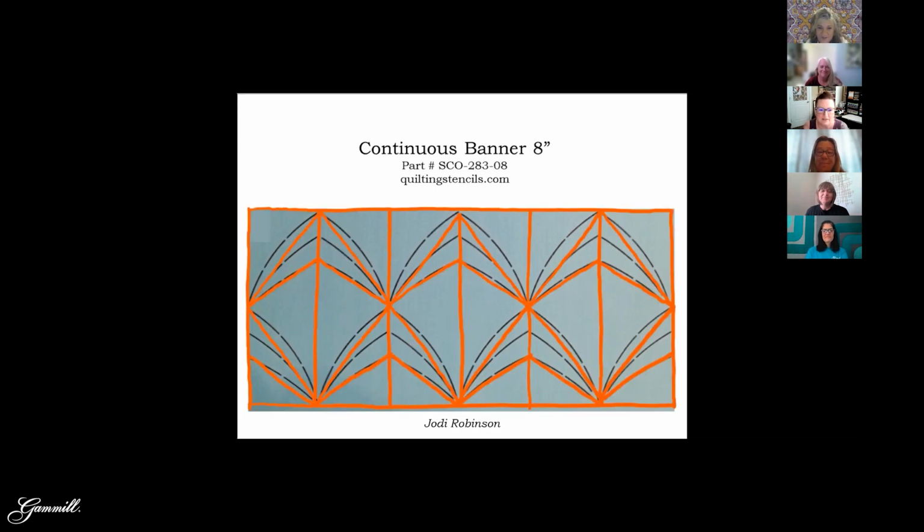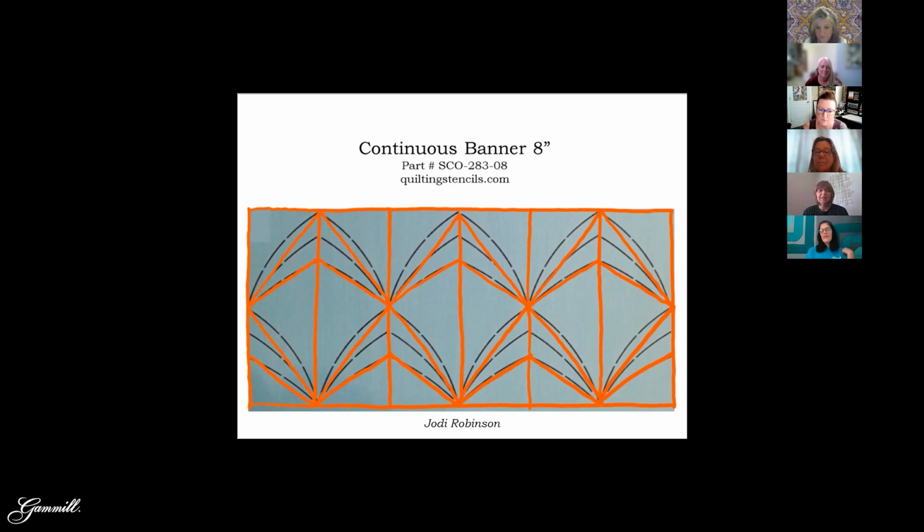All right, next one. So for this one, of course, I would mark the whole stencil, and I really just want the points, the tops and the bottom points, and just zigzag across, because then, of course, it's continuous over, back.